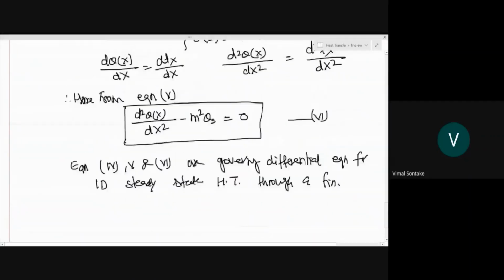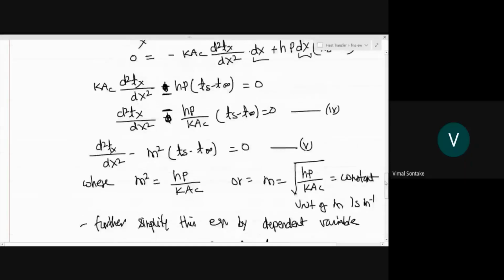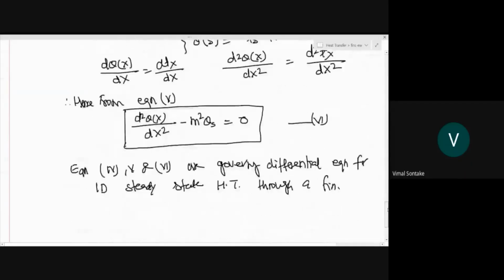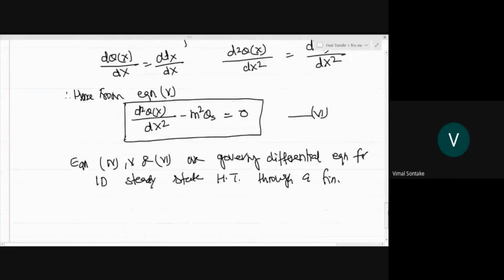And equation numbers 4, 5 and 6 are the governing differential equations.